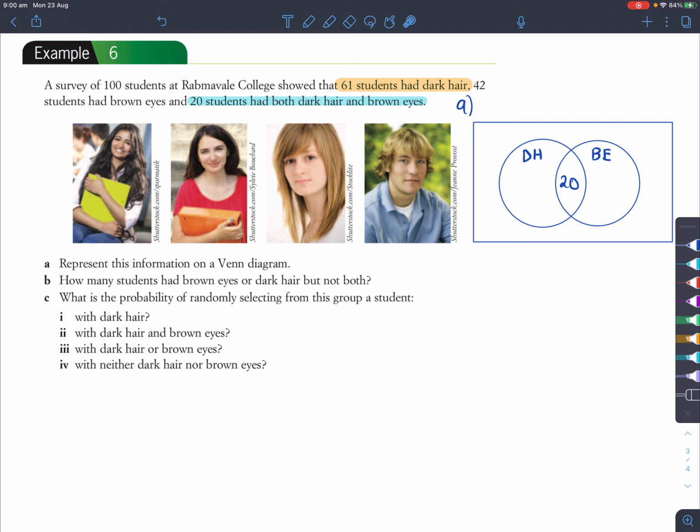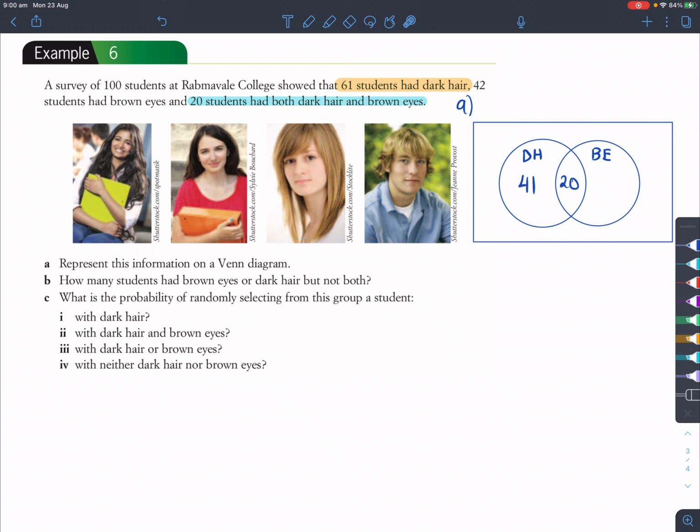So if it includes both of those types of people, this all includes 61 students. So if I've counted 20 students, the remaining students I need to calculate would be 61 minus 20, which is 41.